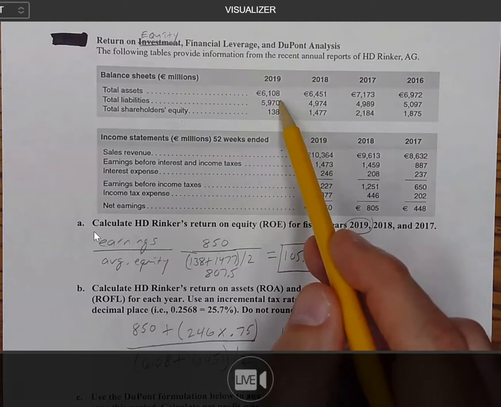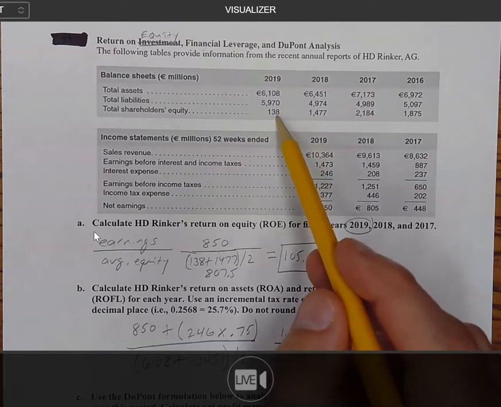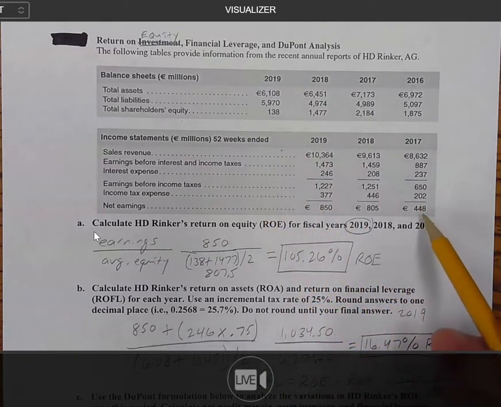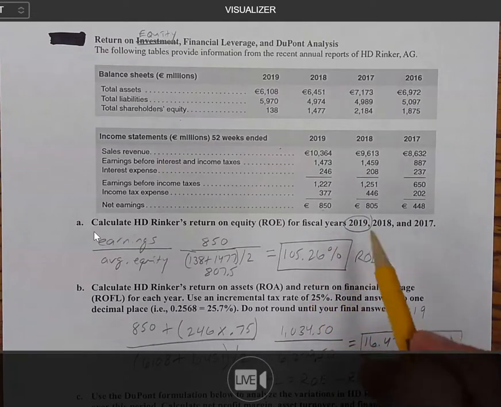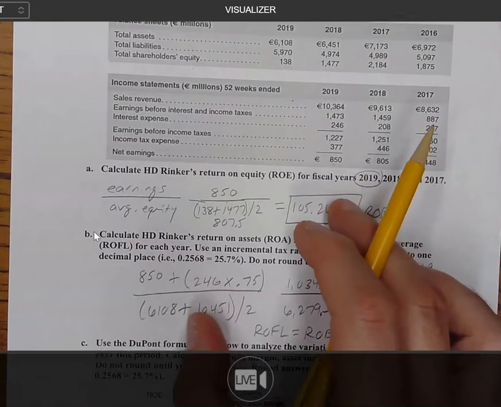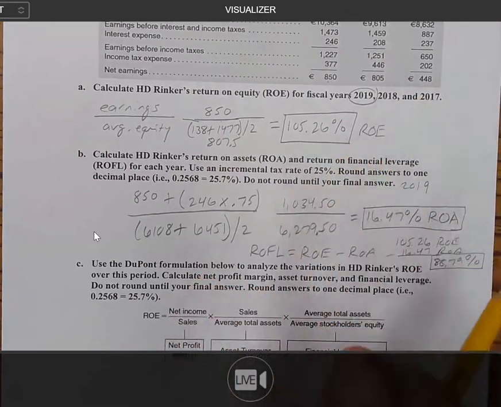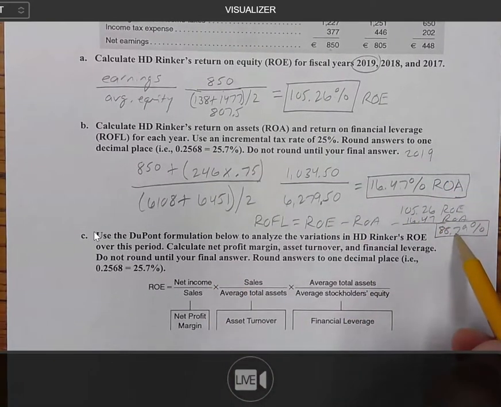It's gone up by about 20% roughly, and then our total equity has gone way, way down. So we don't have any problem here with our earnings, but we would say that leverage is high. And so again, this is something that we should have been keeping an eye on all along. I just want to mention this is not exactly the same figure as financial leverage, but it is 88.79%.